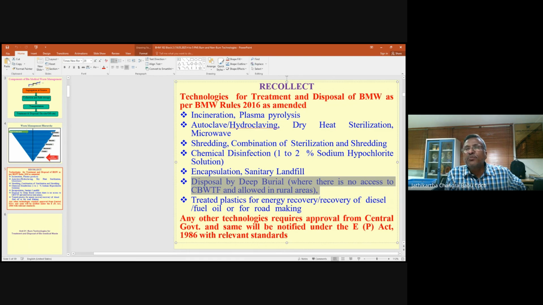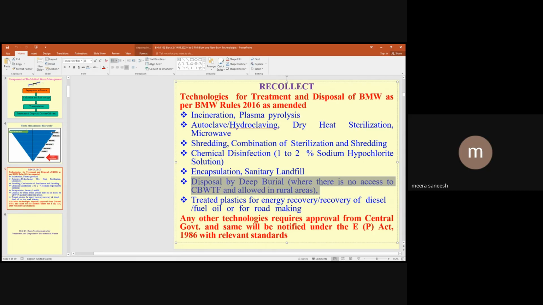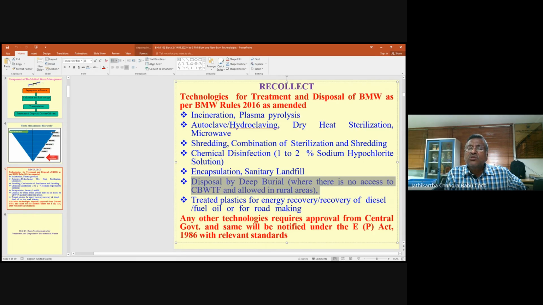How much percentage of chlorine should it be? In the hypochlorite solution of concentration 1 to 2%, what should be the chlorine content? You should have a chlorine content of 30%. Remember all this. Therefore, in 1 to 2% sodium hypochlorite solution, you have to have 30% chlorine content.